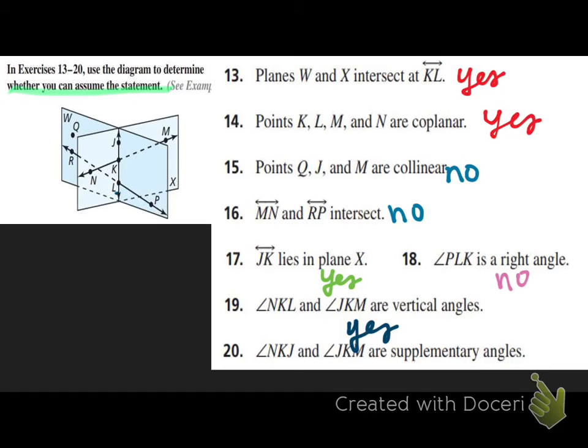All right, and then last it says angle NKJ and JKM are supplementary angles. Yes, they make a straight angle together, so they're supplementary. This one is a yes. Questions on any of these?